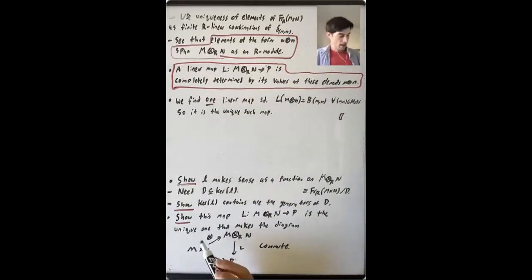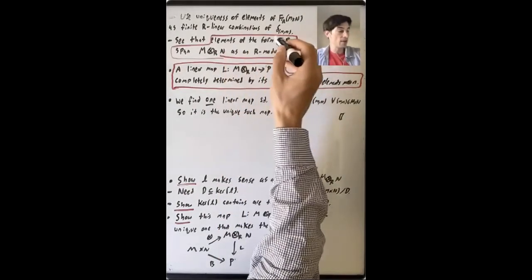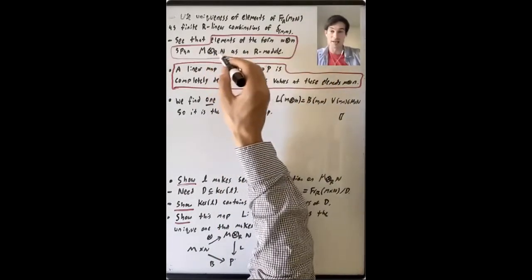We have this map that takes pairs M cross n into this tensor product, but we don't know anything about the image of this map, really. I mean, we know that for every pair mn, we have this M tensor n, but that's not everything that's in this tensor product up here necessarily. So we have to show that elements of the form M tensor n span this R module.